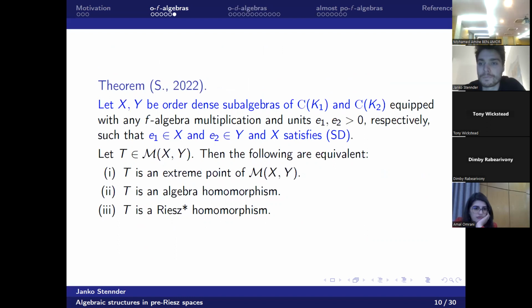order vector pre-Riesz space? Quotients are always a really difficult topic when it comes to pre-Riesz spaces, because a lot can go wrong when taking quotients. We don't even know, if we have a pre-Riesz space and take a quotient by an ideal, whether it's again pre-Riesz.